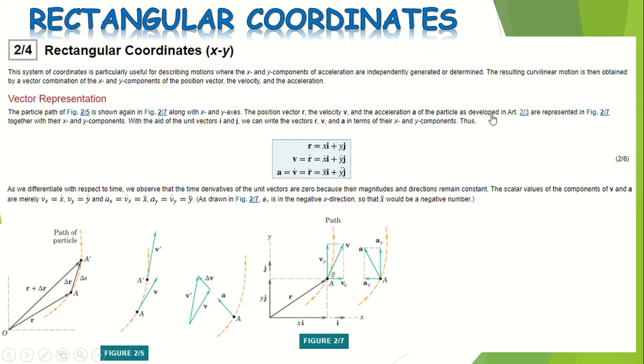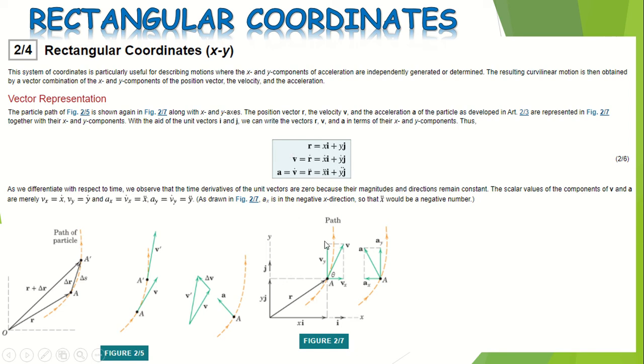As explained in the reading materials, the Wiley Plus, they are represented in figure 2.7 together with their x and y components. So this is now the summary. With the aid of the unit vectors i and j, we can write the vector r.